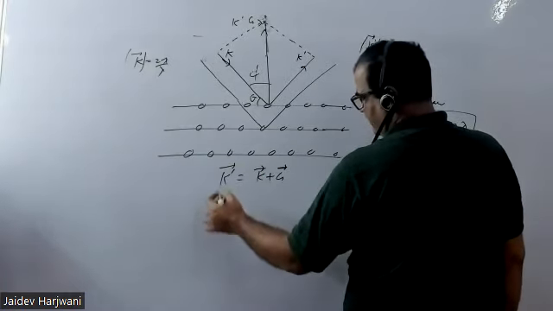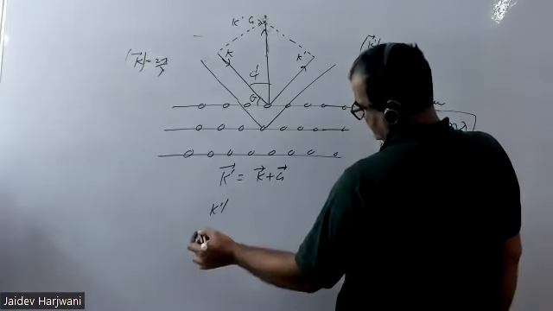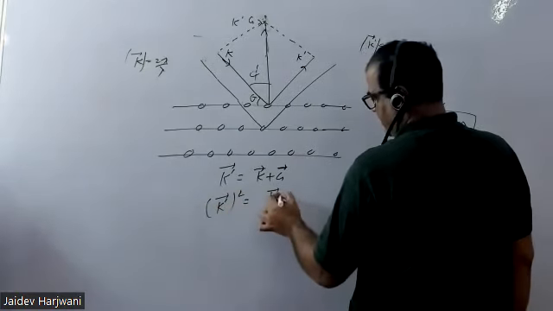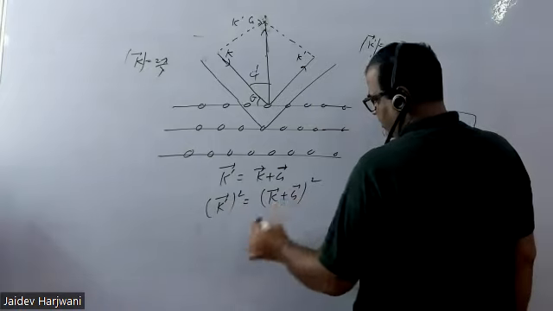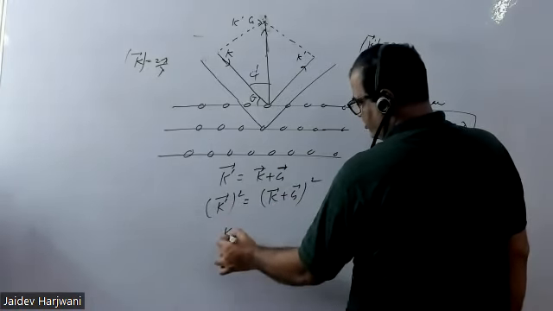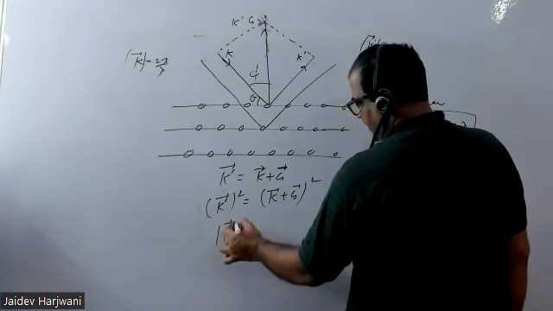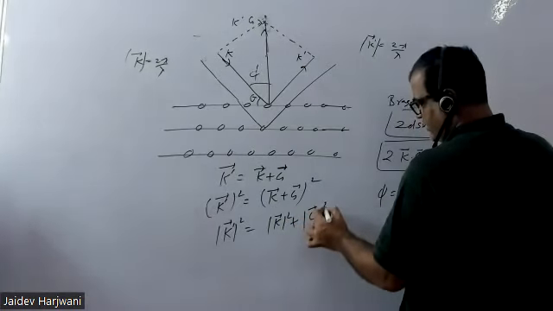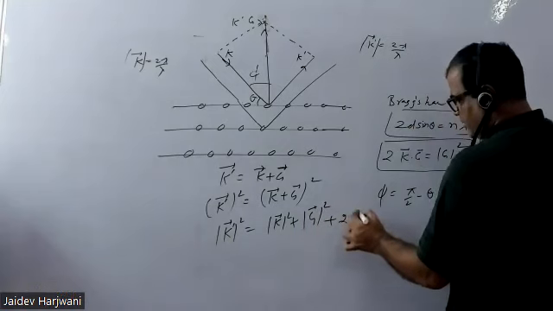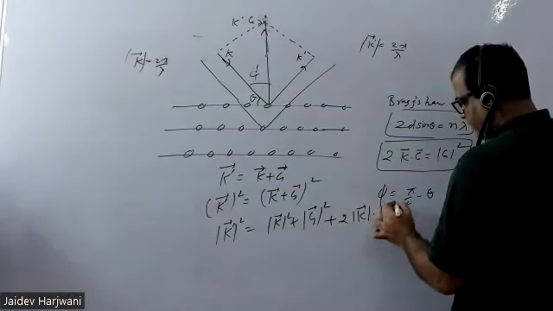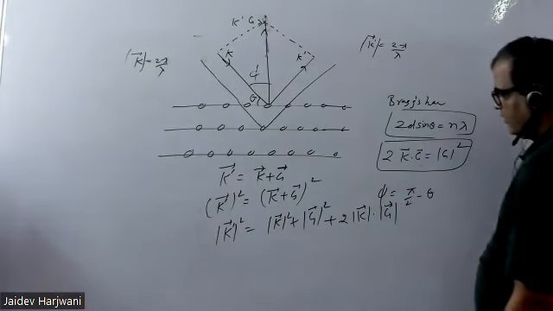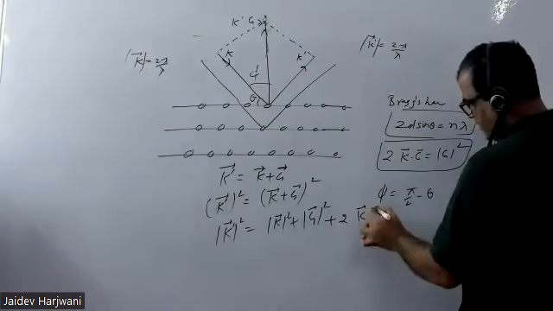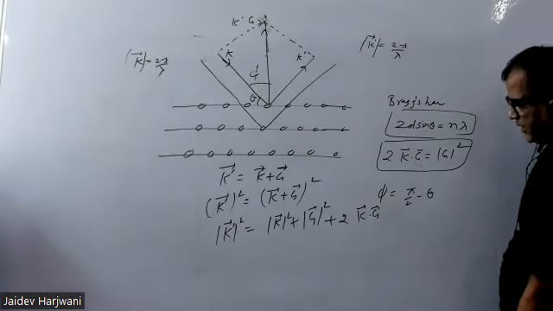Taking the magnitude square, k dash square equals k plus g whole square, which gives k square plus g square plus 2k.g.